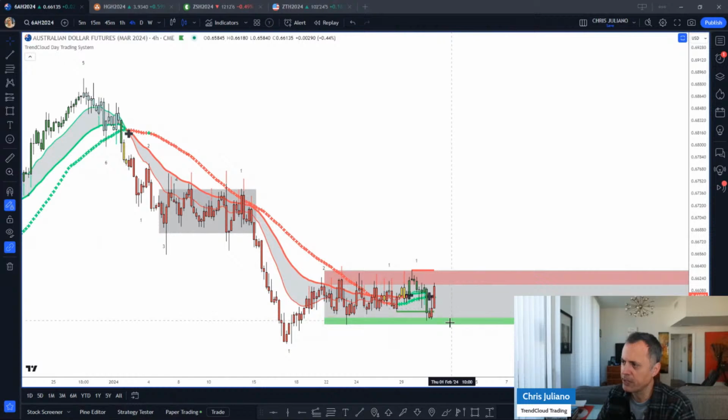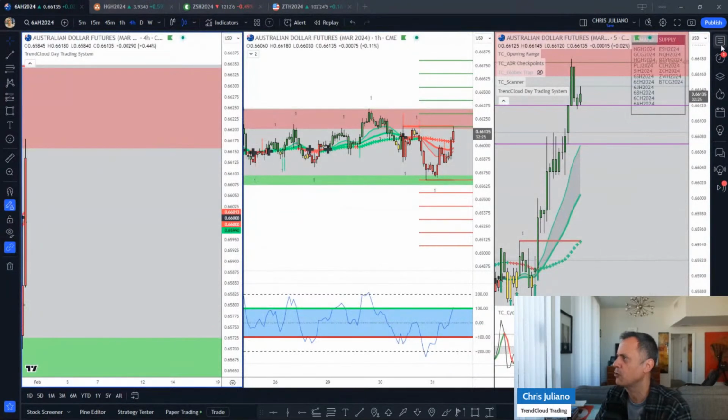It did it again today, pulled back down to the lower part of the consolidation, breaking back up. If you want to follow Australian dollar, get used to this pattern. That's the observation. All right, let's go over and look at gold.